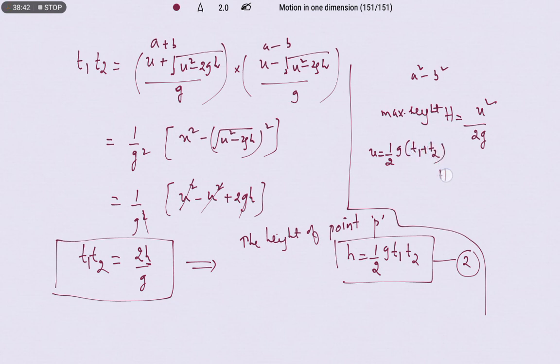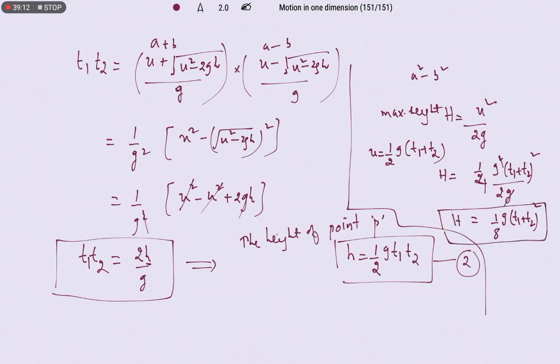Let's substitute here: h is equal to 1 by 2, 1 by 2 whole square means 1 by 4 g square, t1 plus t2 whole square, by 2g we are going to get. So g gets cancelled. Therefore 1 by 4 in the denominator will be 1 by 8 g times t1 plus t2 whole square. So this is the way of finding the maximum height reached by an object in this condition.